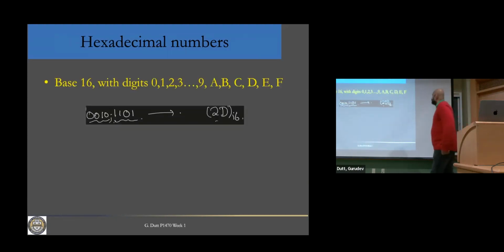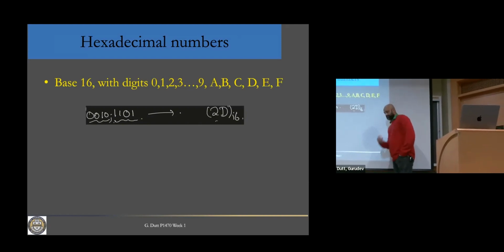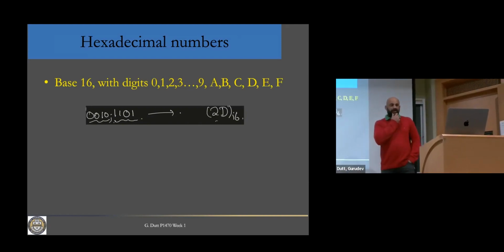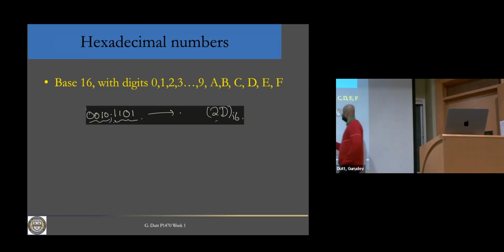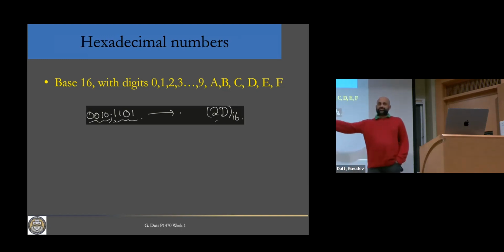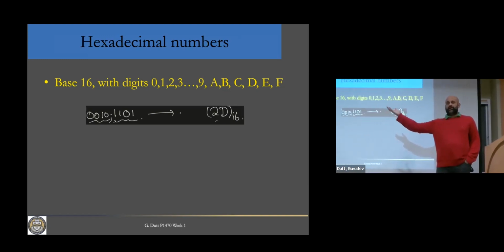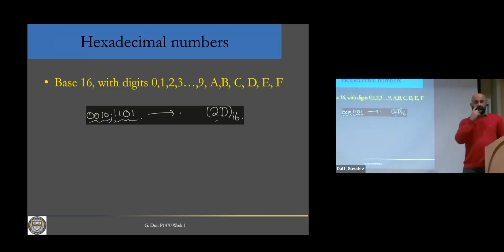One other common thing that you'll see when you do computer programming is base 16, or hexadecimal numbers. There's also base 8, which is octal notation. It's not very commonly used, but it is there. The idea is that often in binary, you end up with long strings of binary digits to represent even reasonably small numbers, which can be pretty painful to write out.